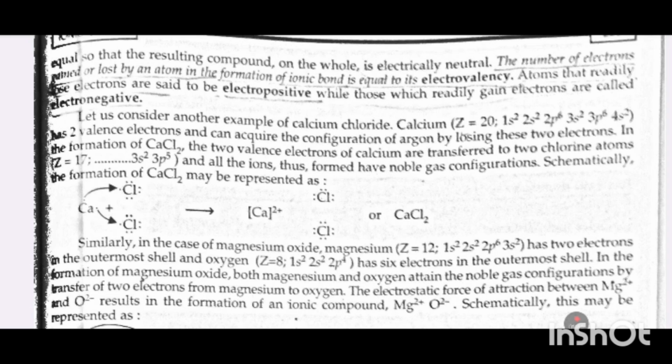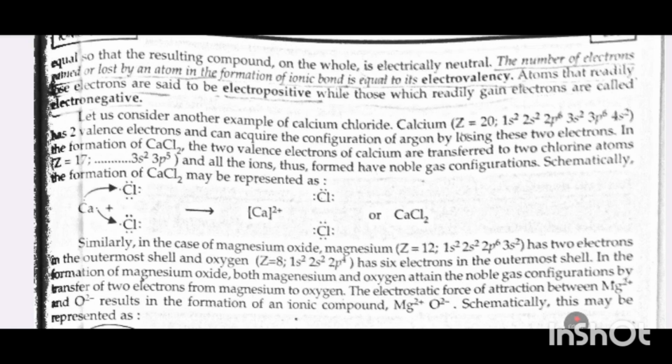Let us consider another example, calcium chloride. Calcium, Z equals 20, 1s2, 2s2, 2p6, 3s2, 3p6, 4s2, has two valence electrons and can acquire the configuration of argon by losing these two electrons.